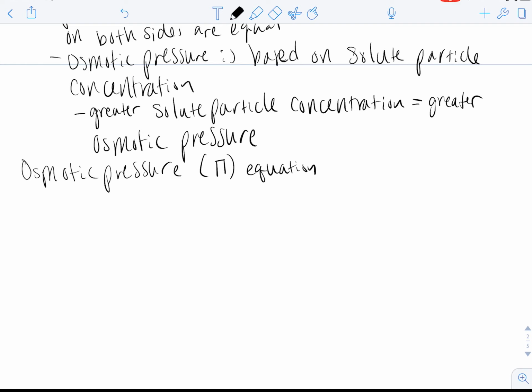So our osmotic pressure is equal to i, our Van't Hoff factor, times number of moles divided by volume, times our gas constant, times our temperature. Now this number of moles over volume can be rewritten as molarity, right? So Π = iMRT. So this is our osmotic pressure.